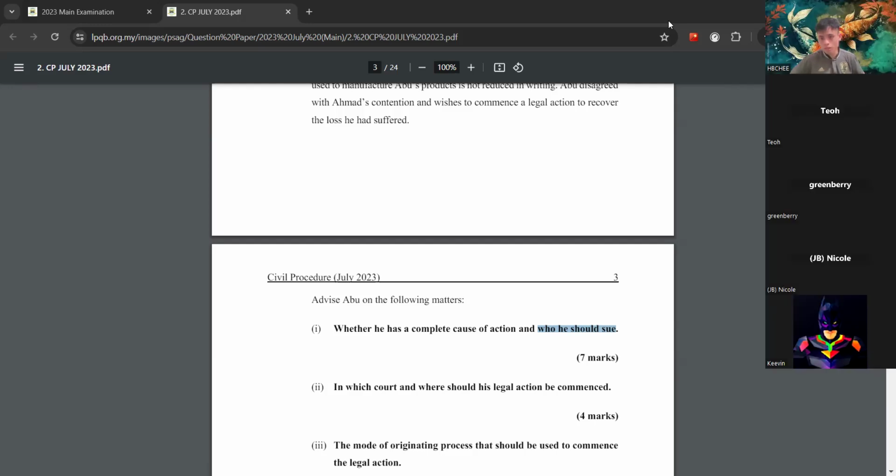Okay, I see Kevin's answer is Lim Kian and Chu Kun. This is correct, so Lim Kian and Chu Kun is correctly applied. So what is the substance in the case? What is the decision given by the court? How to fulfill whether or not the cause of action is complete?